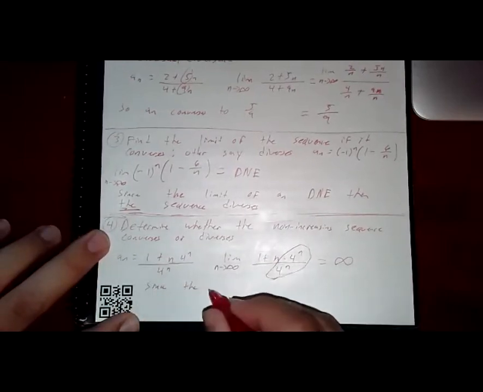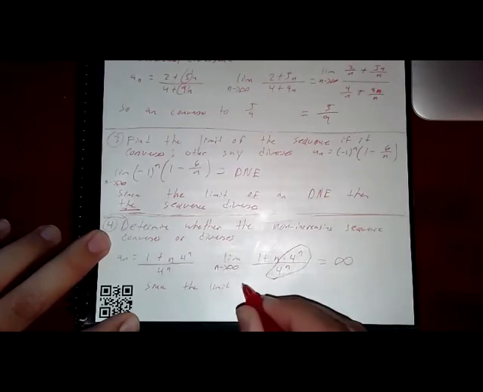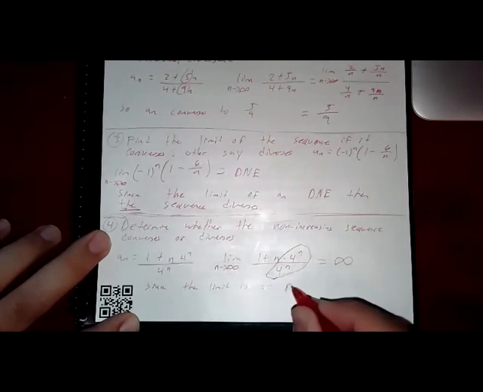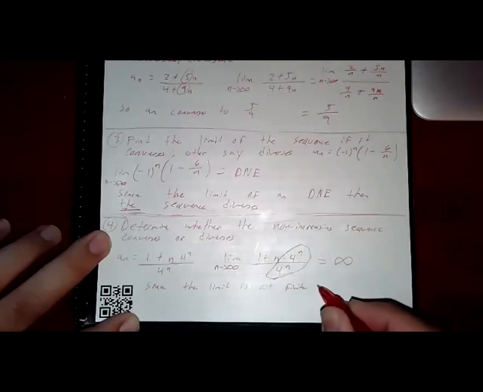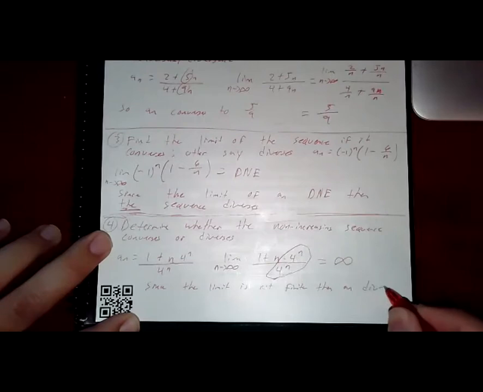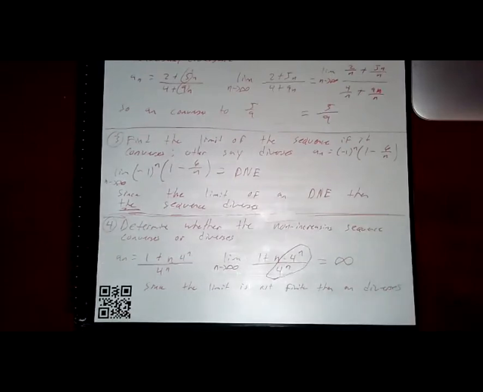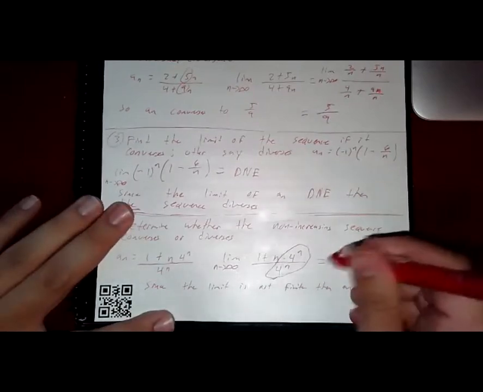So since the limit is not finite, then a_n diverges. If you split them like I split mine, I put 1 over 4 to the n plus n times 4 to the n over 4 to the n. Yeah, we could do that if you want.